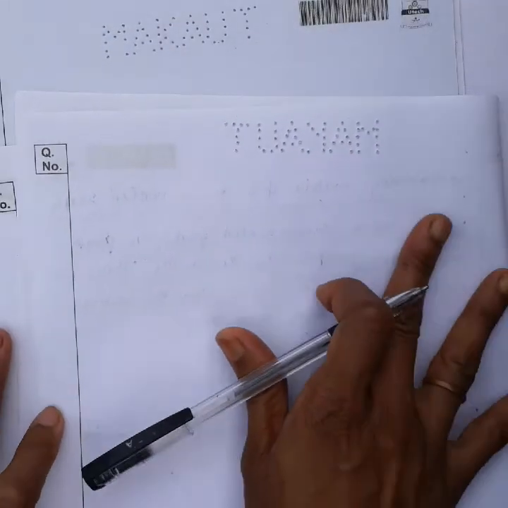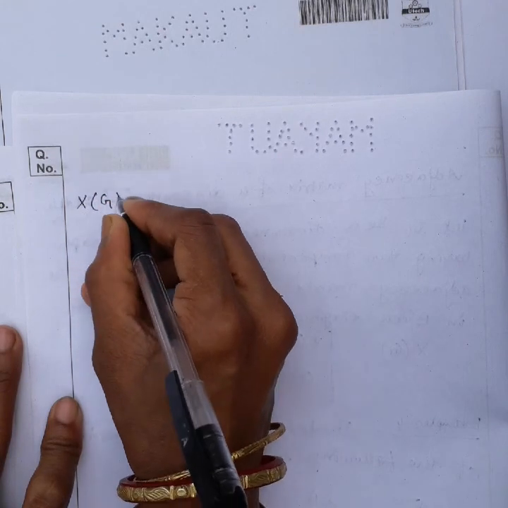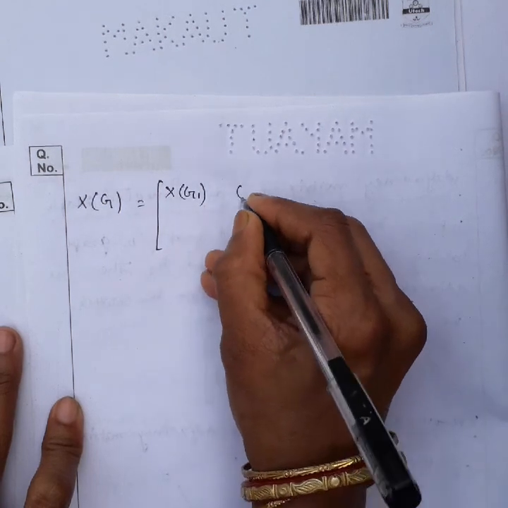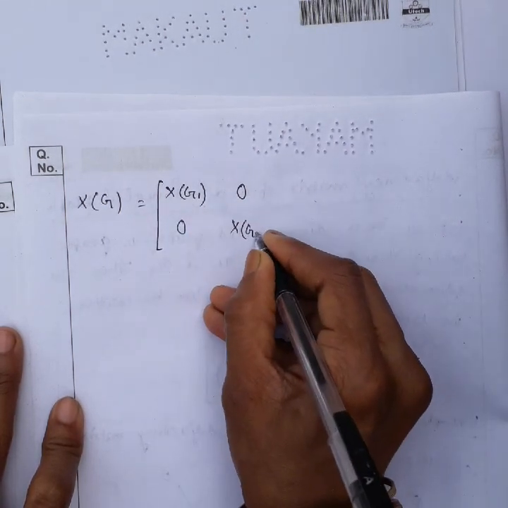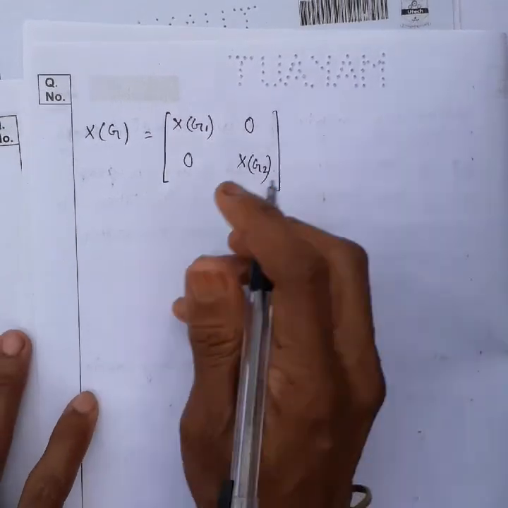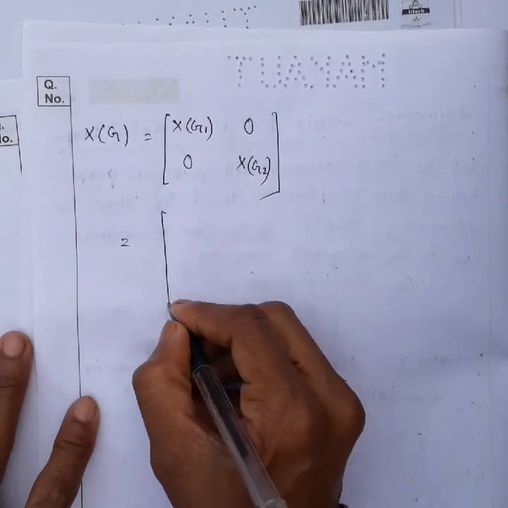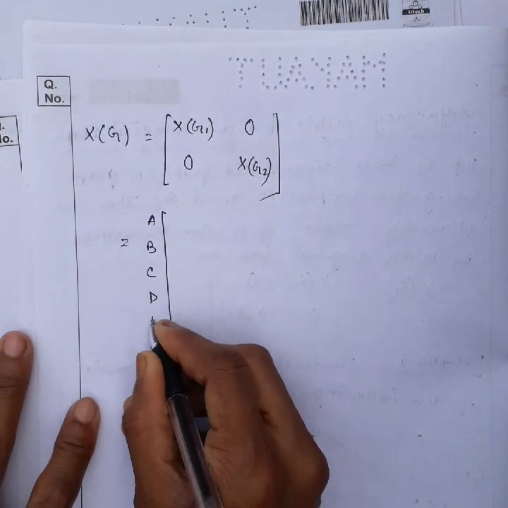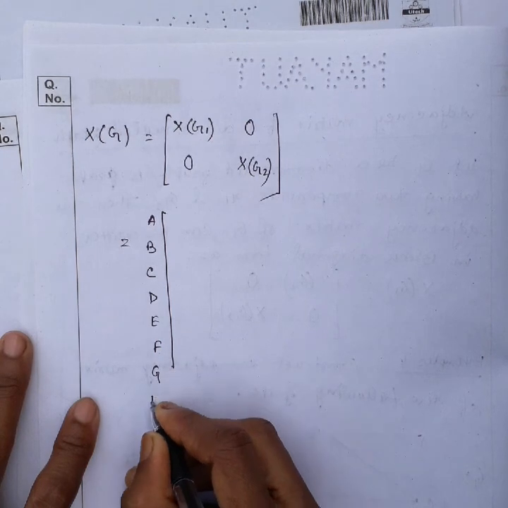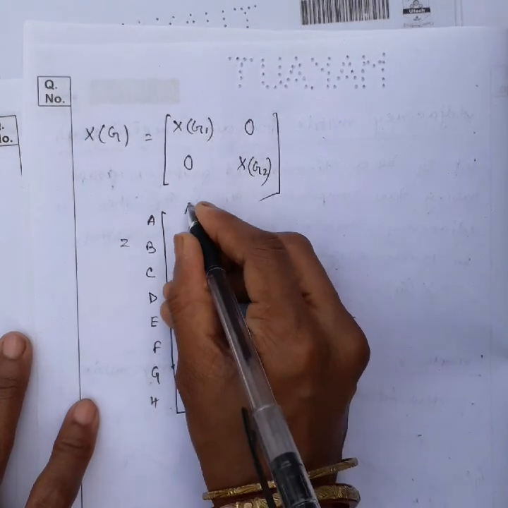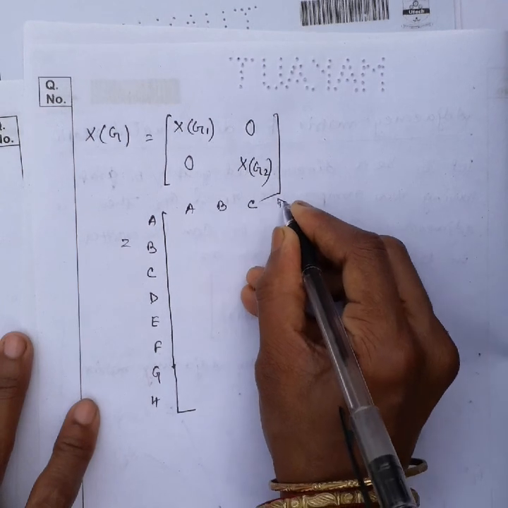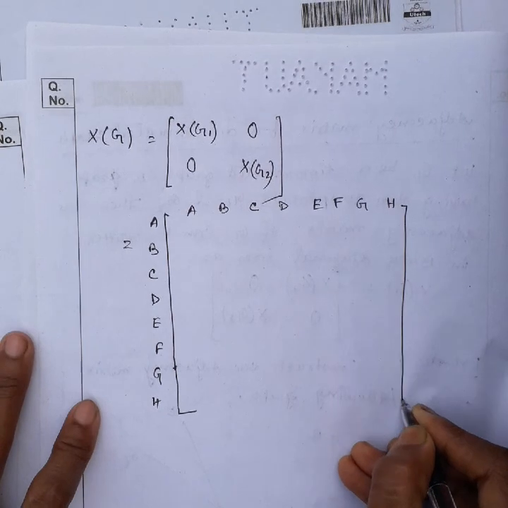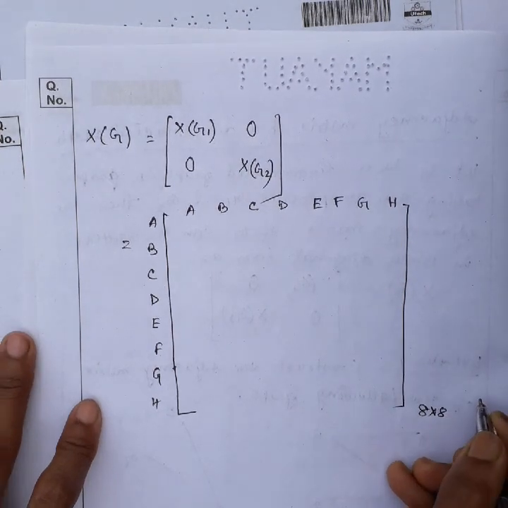Now we find the total matrix, that is X(G). This is the block diagonal matrix, which is equal to A, B, C, D, E, F, G, H along both rows and columns. This is the 8 cross 8 matrix.